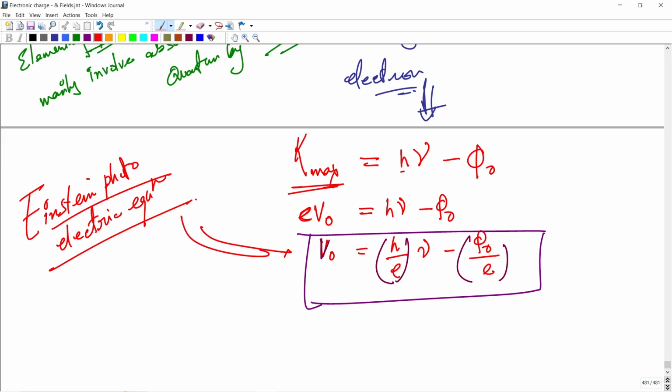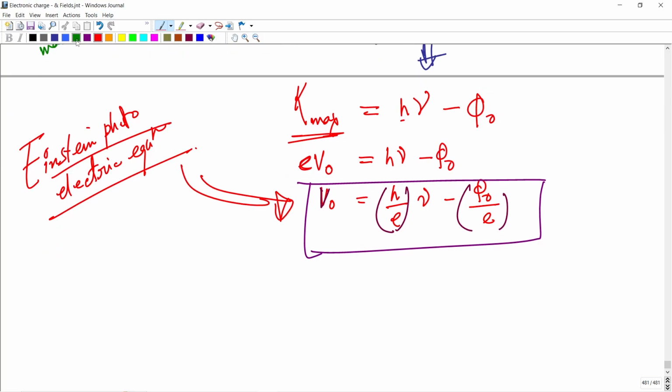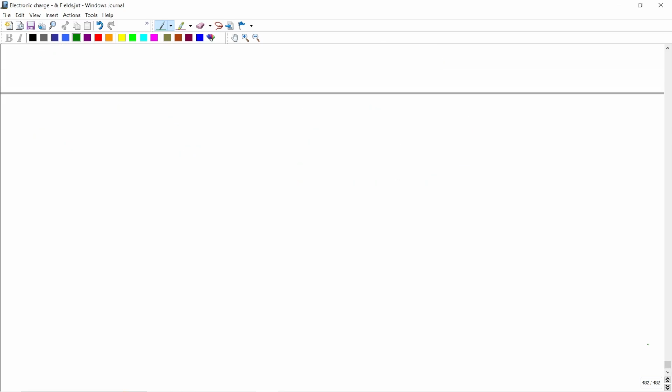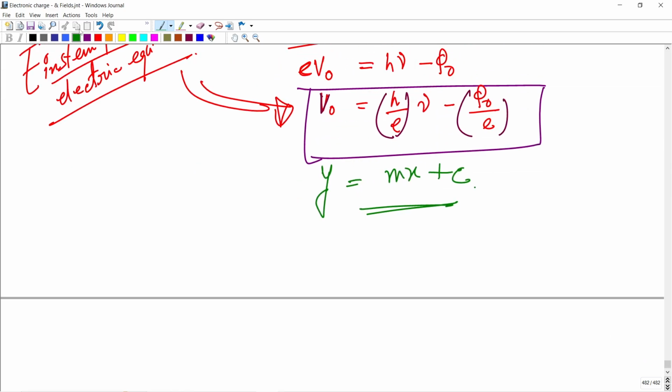You see that this equation looks like y equals m x plus c, a straight line equation. If you plot V naught versus frequency, the diagram looks like a straight line.